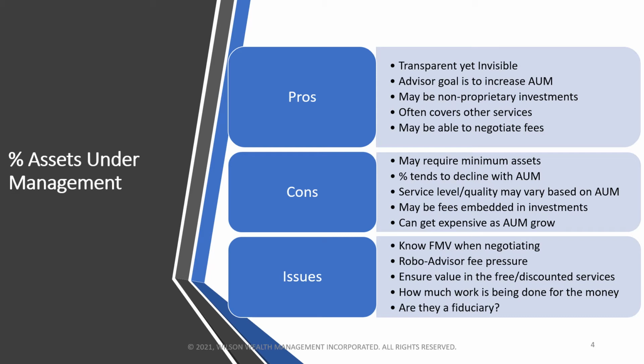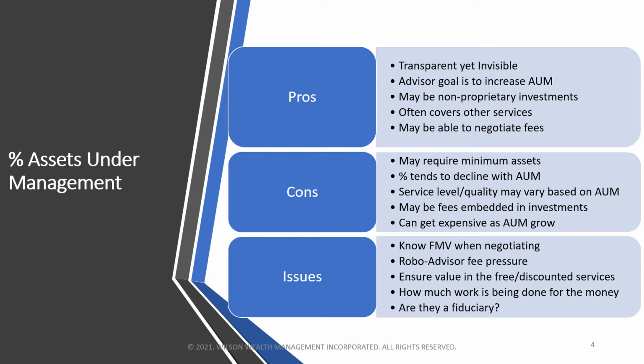Now, one thing that we covered when we looked at management expense ratios themselves is that there's different classes of funds or investment products, and that if you have a percent AUM, then often you're going to have a discounted MER versus other share classes. But you need to verify that to see, am I getting a break on internal fund fees or not?